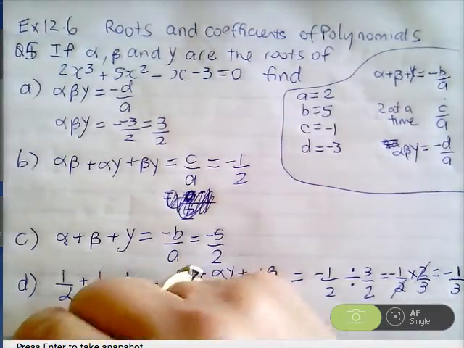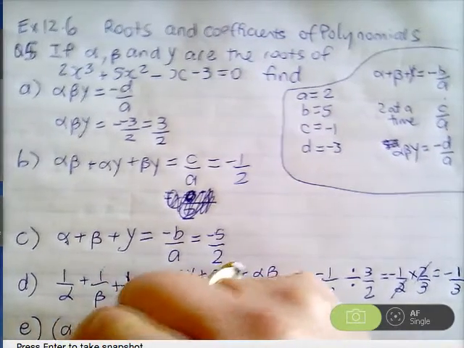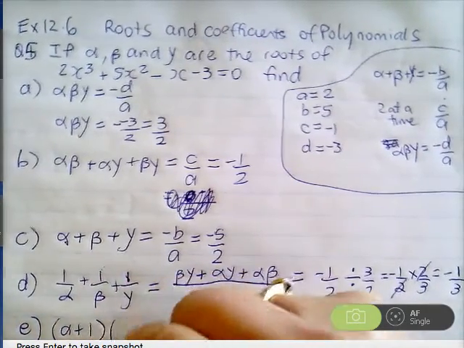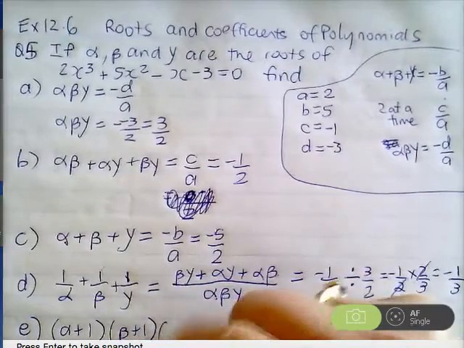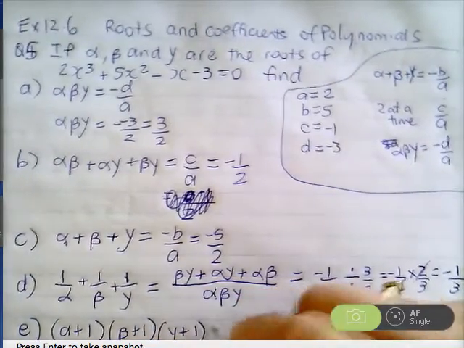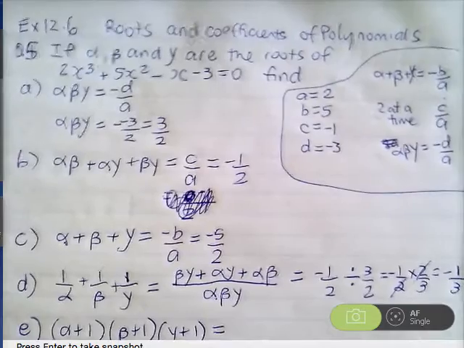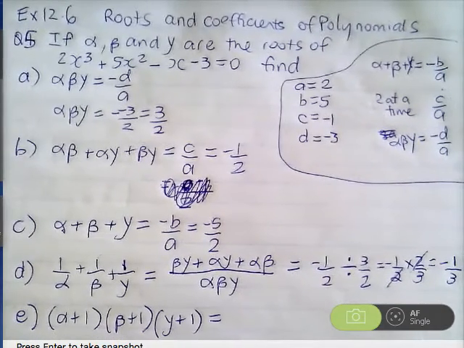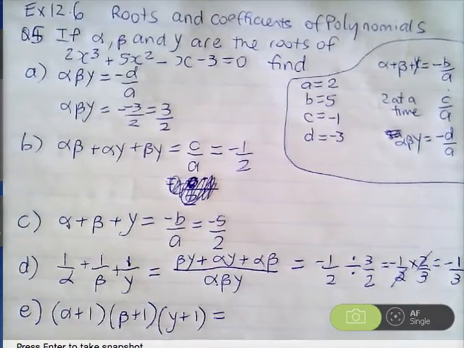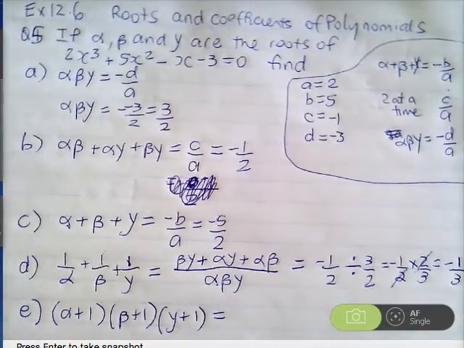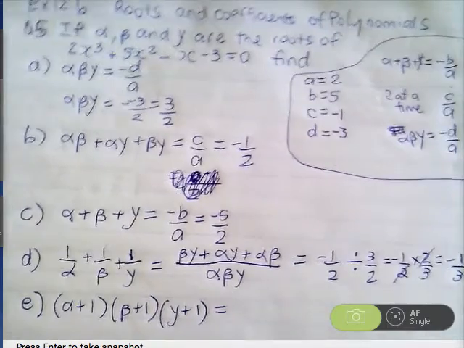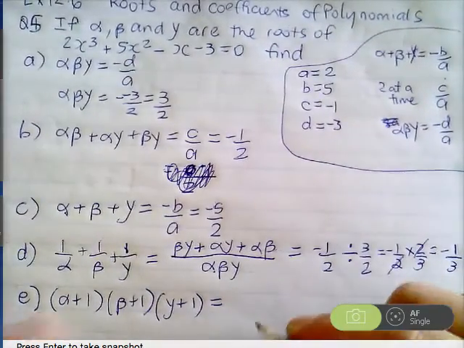And E is this, alpha plus 1, beta plus 1, gamma plus 1. All right, I'm going to move it. Now, there's no rule for that one, so you're going to have to expand. So is it alpha, beta plus alpha, gamma? Yep.